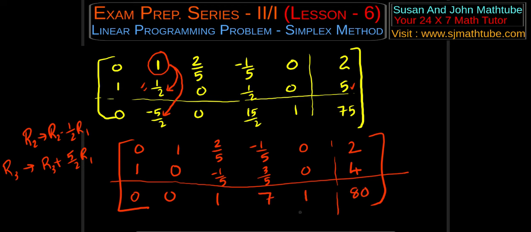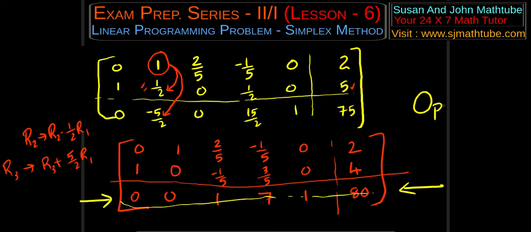Okay, now that's really good because it's the last step. You look at this row, all the numbers are positive, and that implies the table, or the matrix, is optimal.